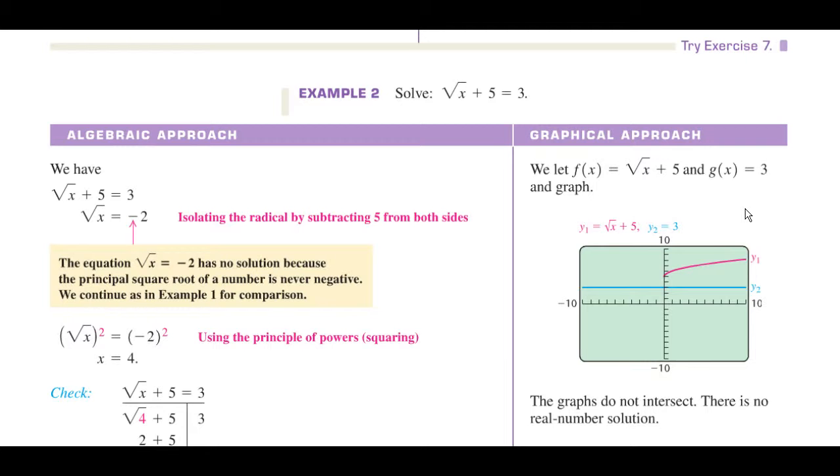All right, let's do this one. Now here, we're bringing this over, and we get the square root of x all by itself is now equal to negative 2. Now again, we're going to raise this to its index number.